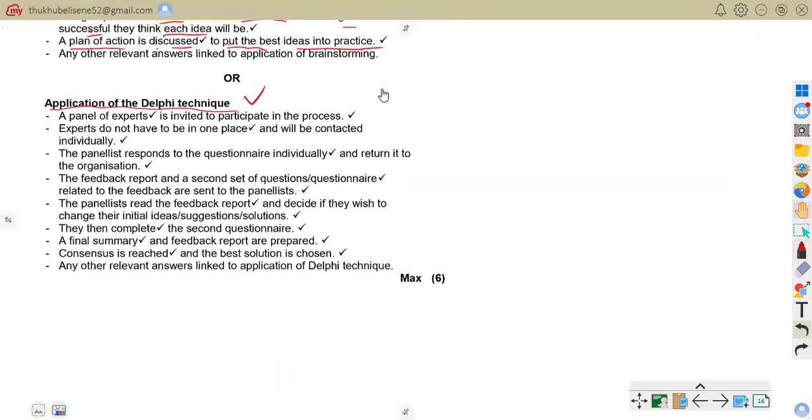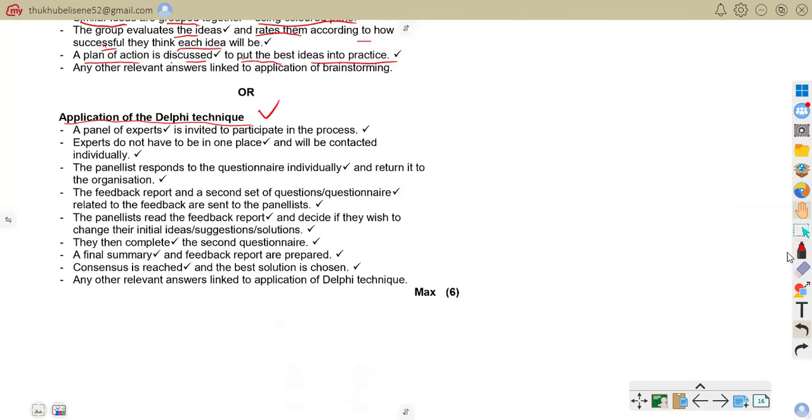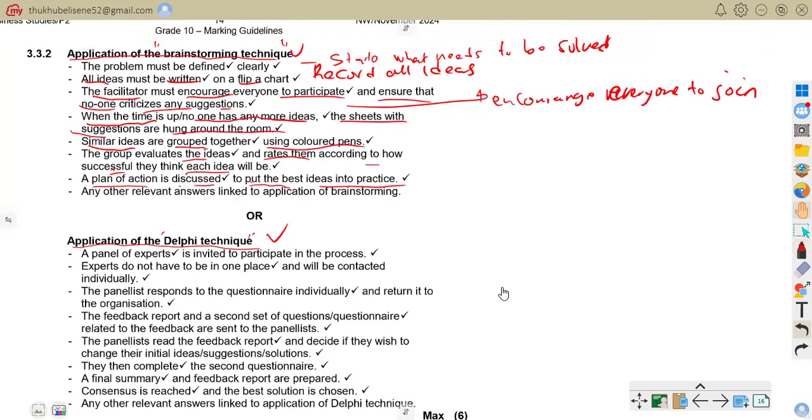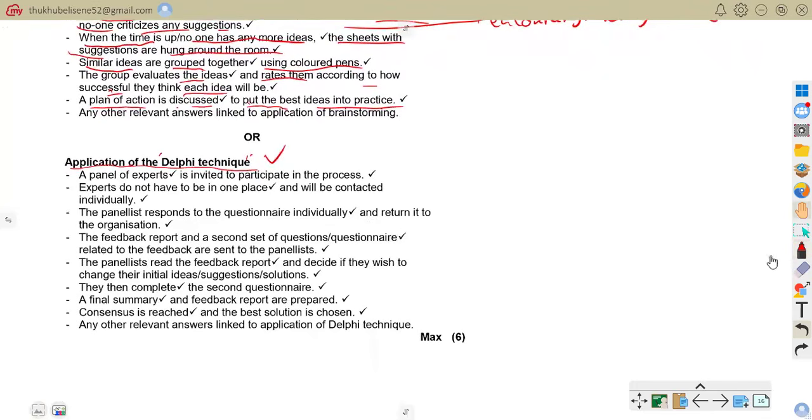Now we can talk about the application of the Delphi technique, because it's the answer for 3.31 also. With the Delphi technique, a panel of experts is invited to participate in the process.